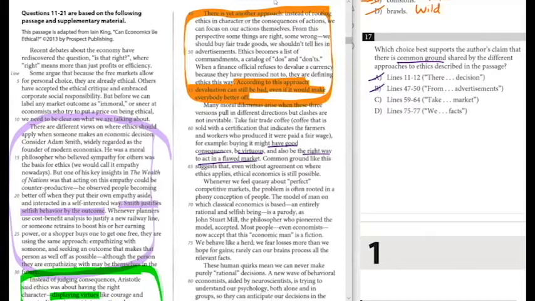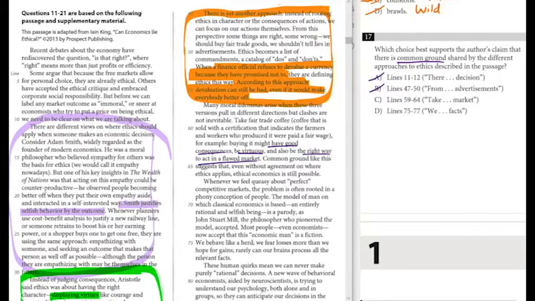So the market is very flawed, but people are acting the right way. Like it says in the quote on line 52, a finance official refuses to devalue a currency because they have promised not to. So they're acting the right way. They're acting ethically, even though the market is flawed, because devaluation is making everybody better off.